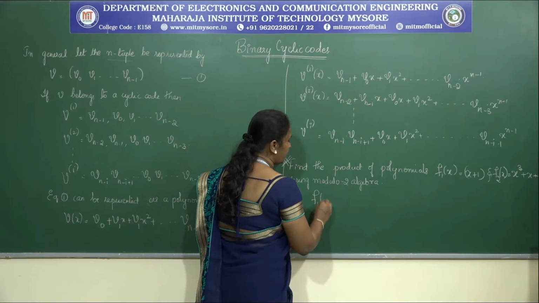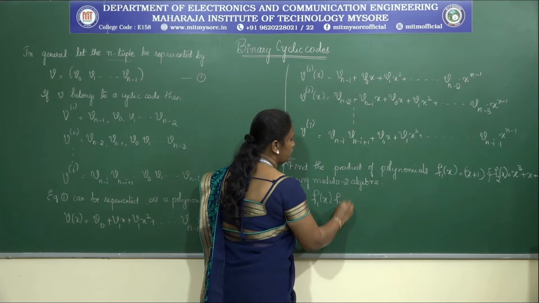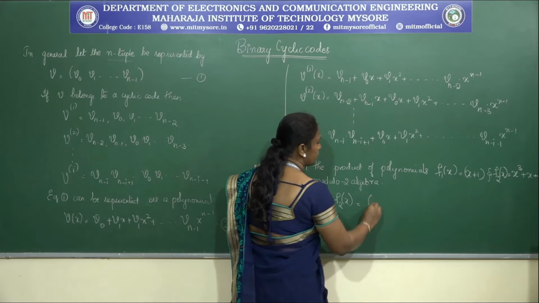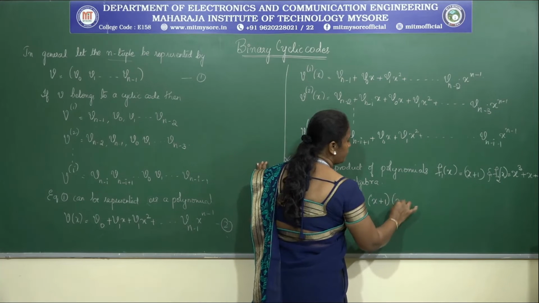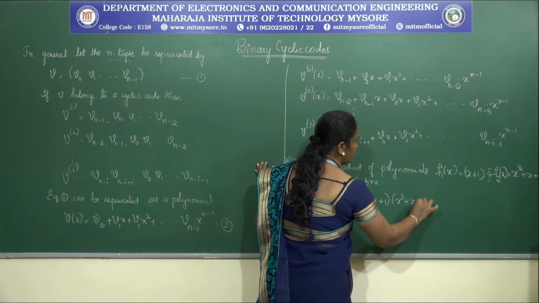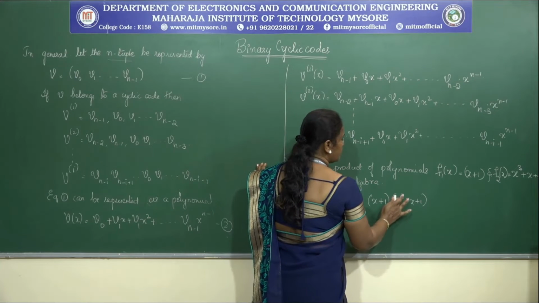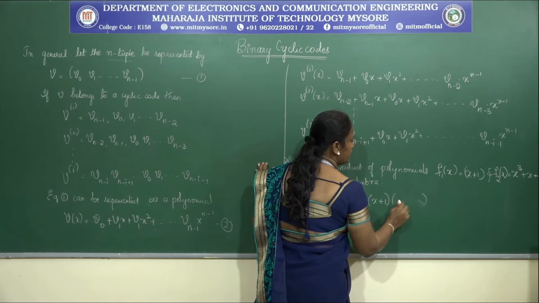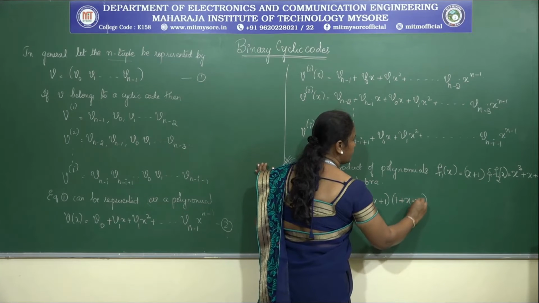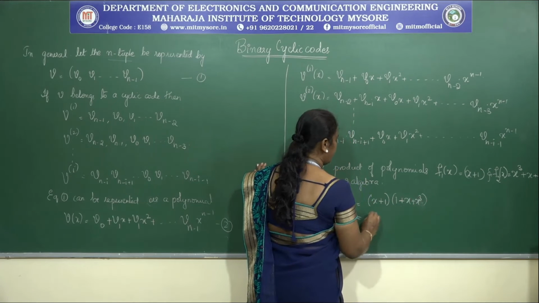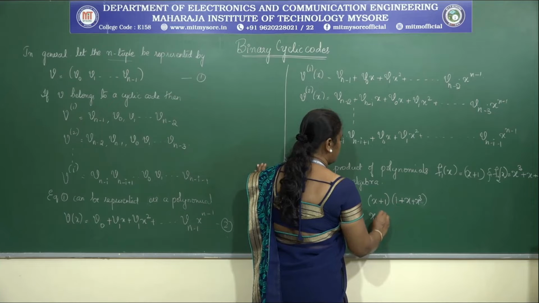If you perform the product of f1 of x into f2 of x, this is x plus 1 into x to the power of 3 plus x plus 1. Instead of this, I can write 1 plus x to the power of 3 plus x, times x plus 1.